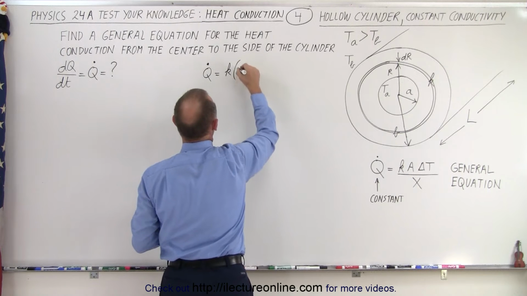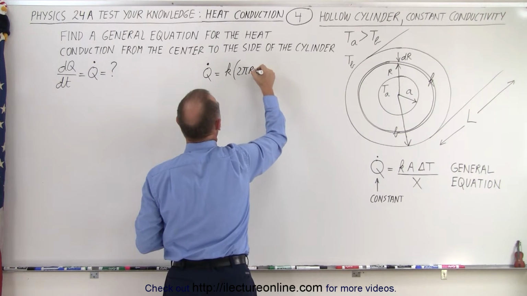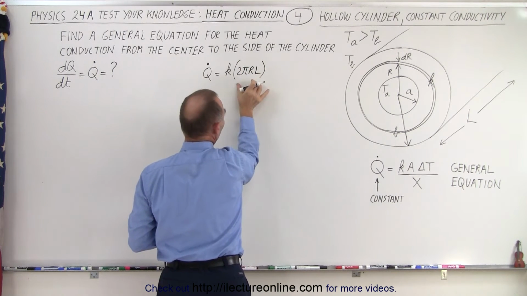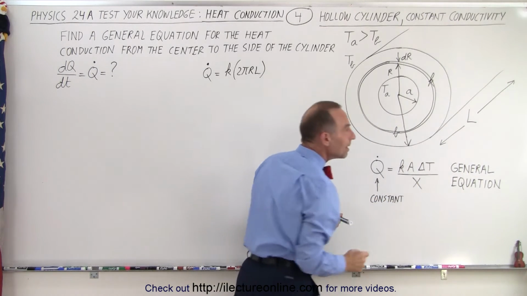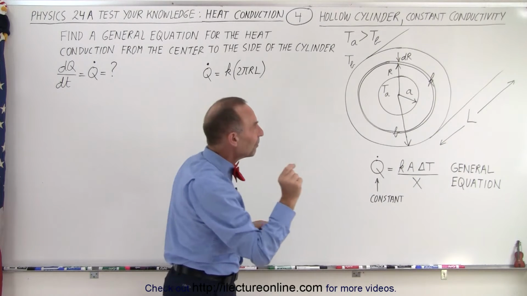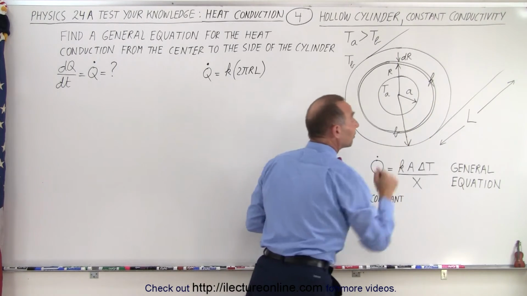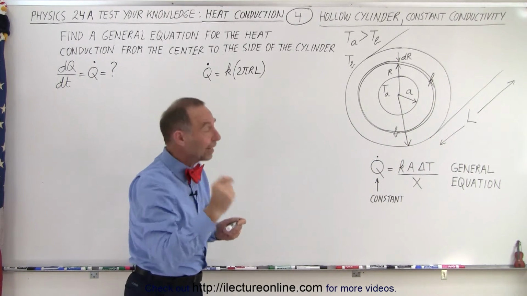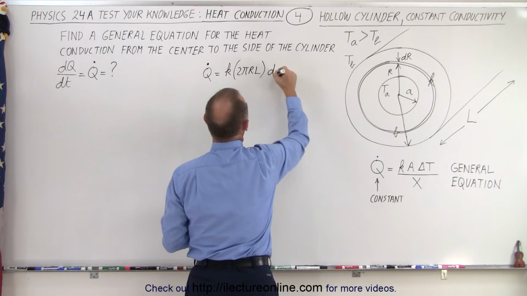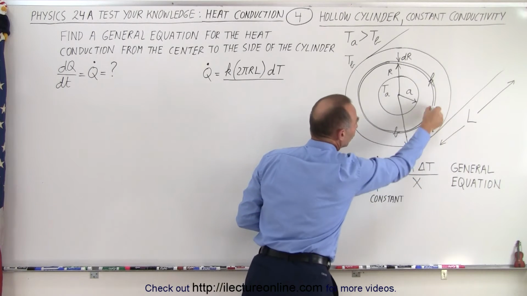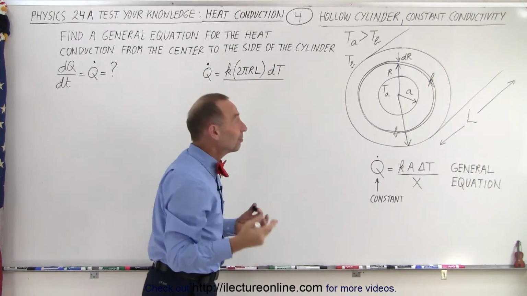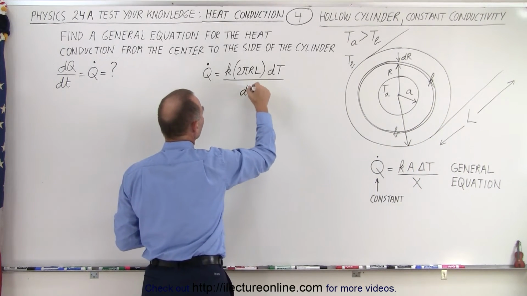So that's going to be 2 pi r times L, so that's the surface area through which the heat travels, and then delta T is the difference in the temperature from the inside to the outside of that cylindrical shell. That's a very tiny quantity, so we're going to call it dT, and then we divide that by the distance traveled through that thin shell, and that distance traveled will be dr.